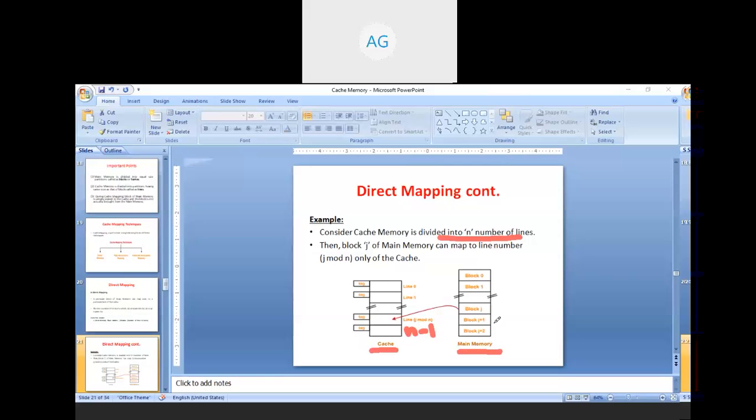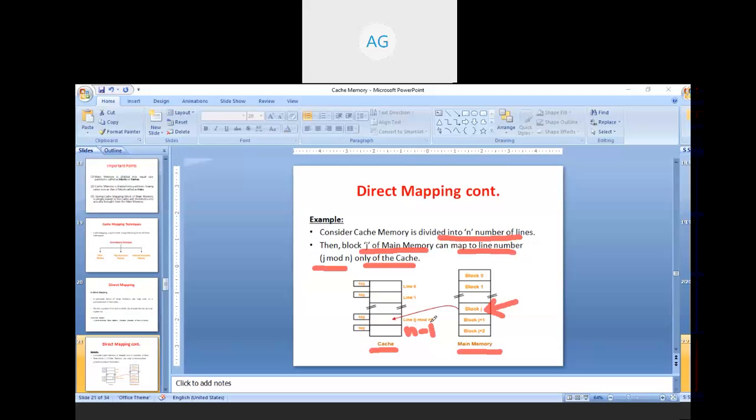You can see from the figure that the main memory is divided into equal sized blocks, from block number 0, block number 1, and so on. Here, block J of the main memory can map to line number J mod n only of the cache. So we need to map this block number J from the main memory to a line number in the cache memory.